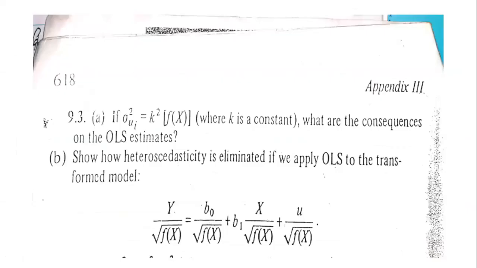So the next question says that if sigma squared ui is equal to k squared f of x, where k is a constant, what is the consequence on the OLS estimate? Okay, let's work through the solution.